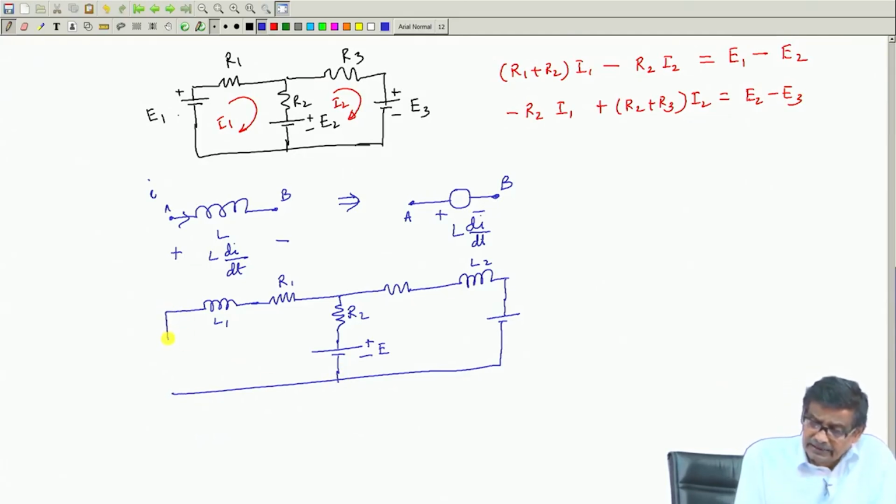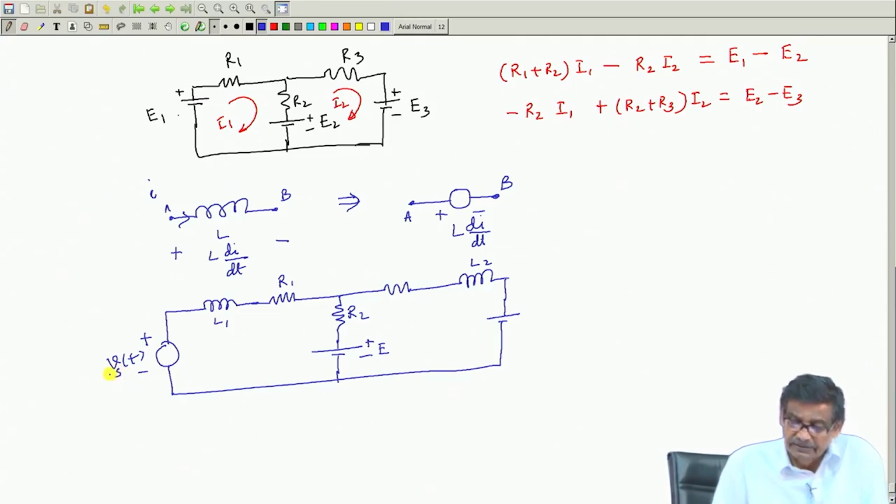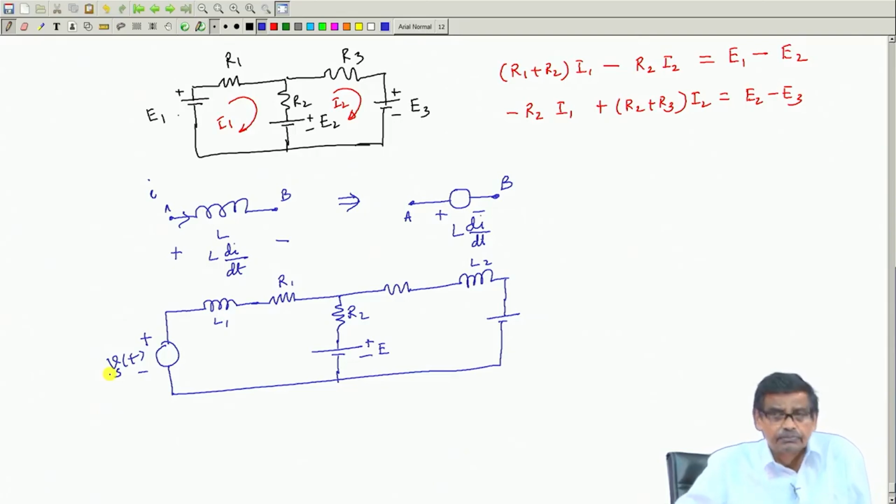And here is a source which is time varying, plus minus V(t), the applied supply voltage, which could be any time varying function. So, this circuit I have to solve, and suppose I say that I have learned mesh analysis, why not apply it here?